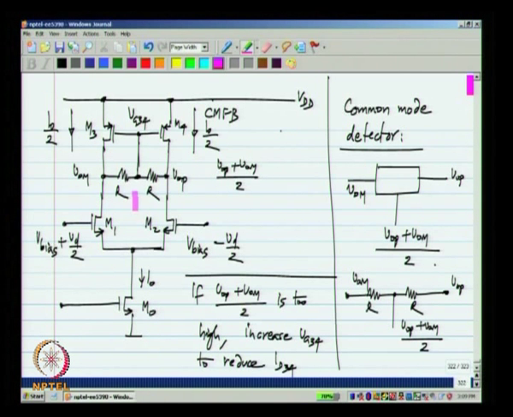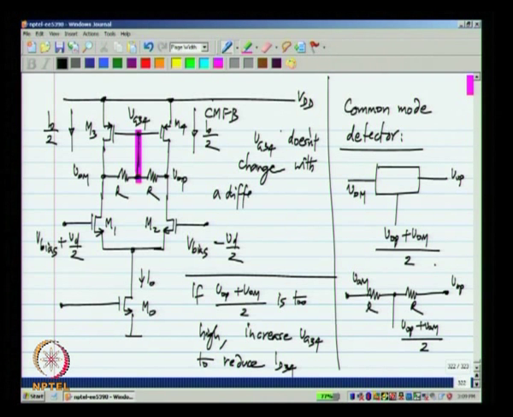Now, because the voltage at this node is the average of the two voltages and the increments are equal and opposite, the voltage VG34 does not change at all. VG34 does not change if you have a fully differential input.